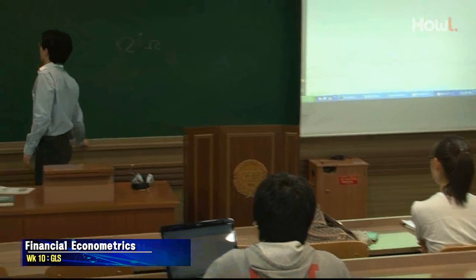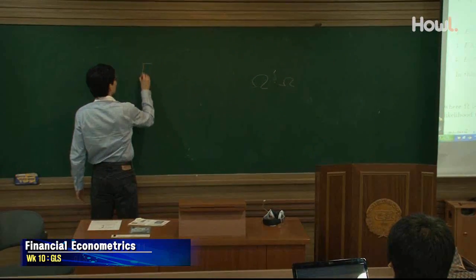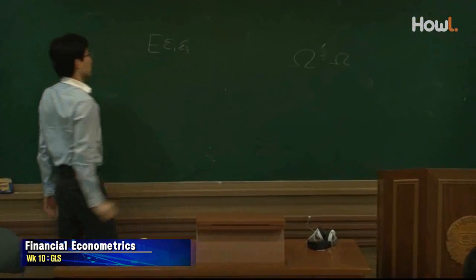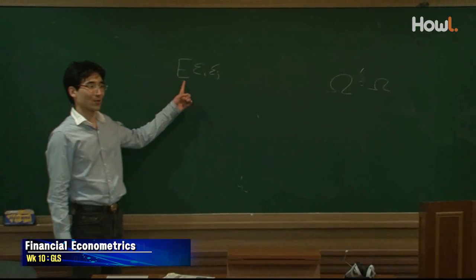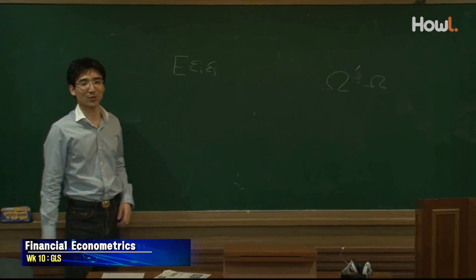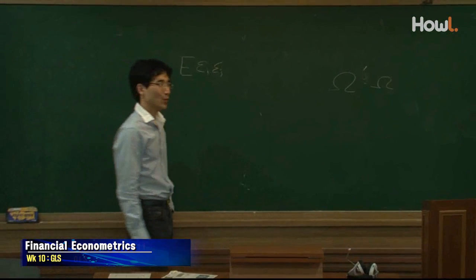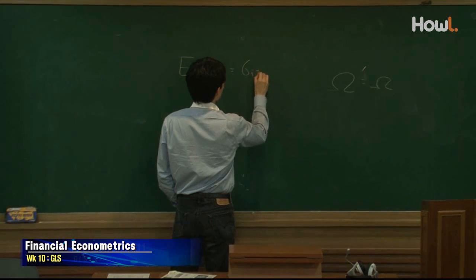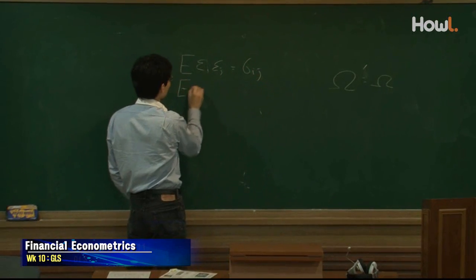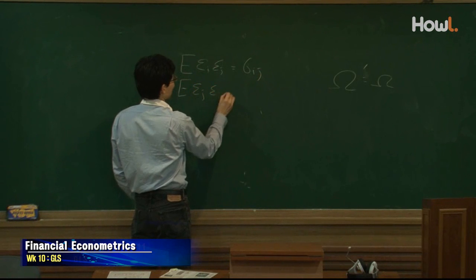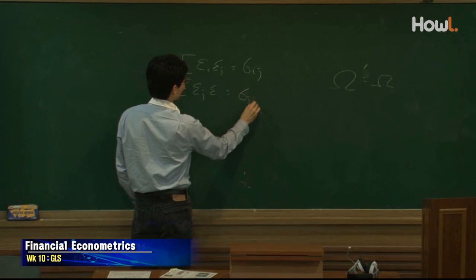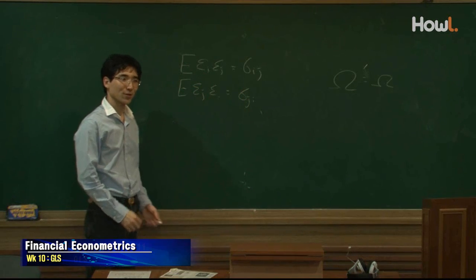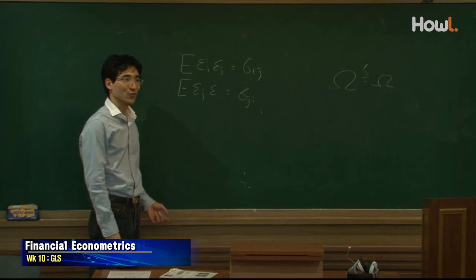Yeah. So suppose it is ith element of epsilon, jth element of epsilon. So for covariance between the two, this is ij, and then ji, right? And then basically this and this should be same, right? So therefore omega should be symmetric.